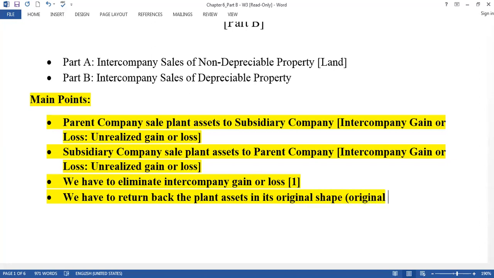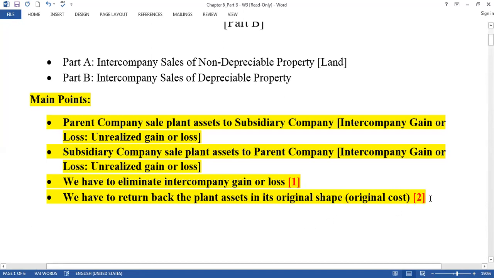So you have to record the plant asset to make it return back to the original cost. And this is part two. These are the two important parts for the intercompany sales of plant asset. So you have to remember up to here.